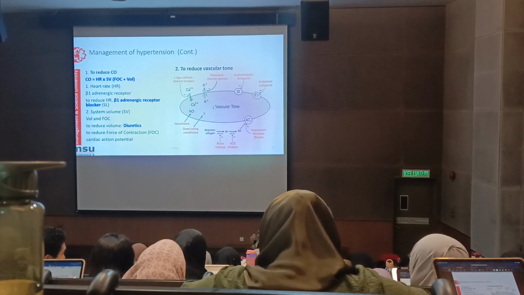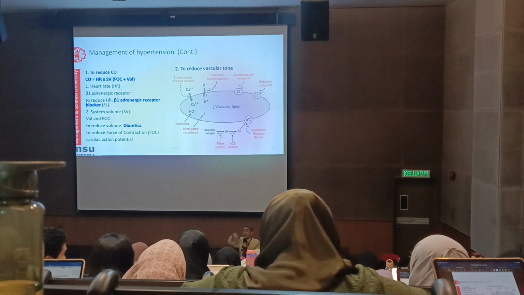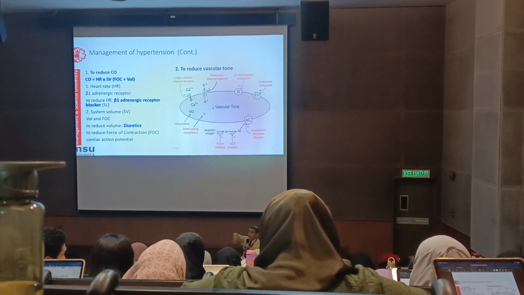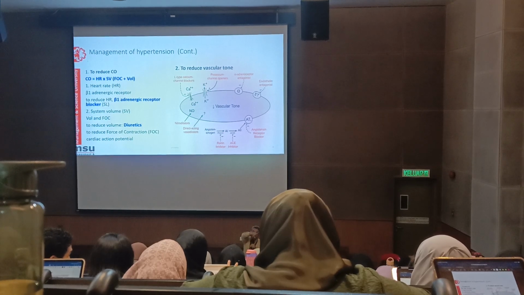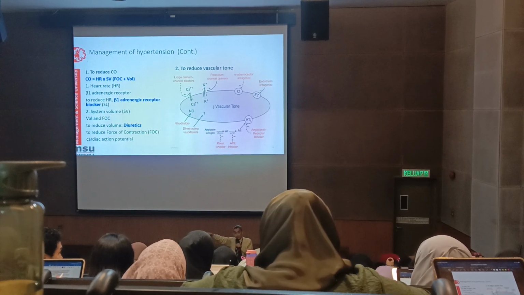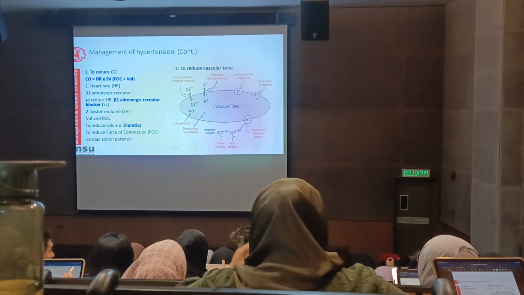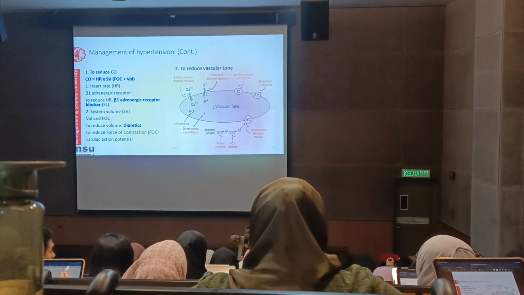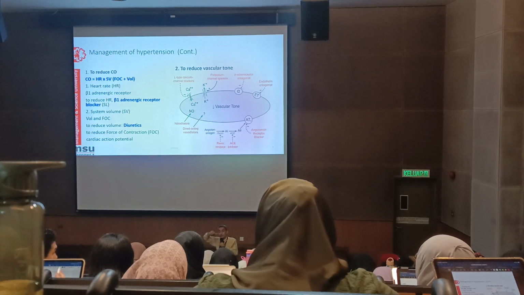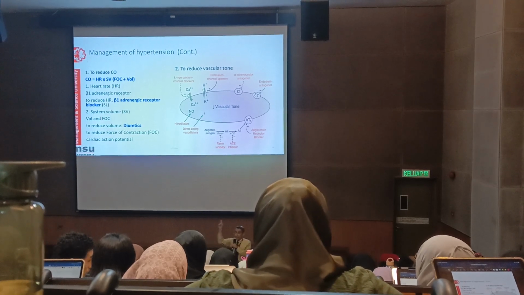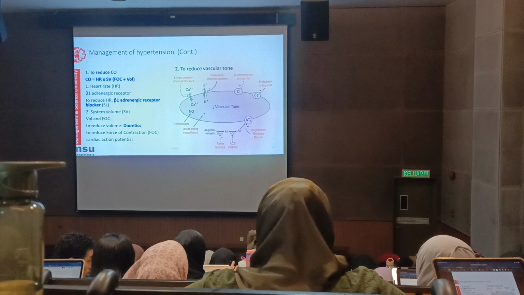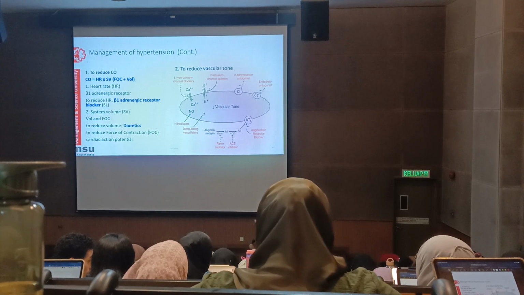Also, renin is one target, and we have one class that can inhibit the renin. Once they inhibit the renin, that will inhibit conversion of angiotensin 1 to angiotensin 2, because angiotensin 1 is not a hypertensive agent, so it has to be converted to angiotensin 2, and this conversion is based on renin. Okay, we have one class.